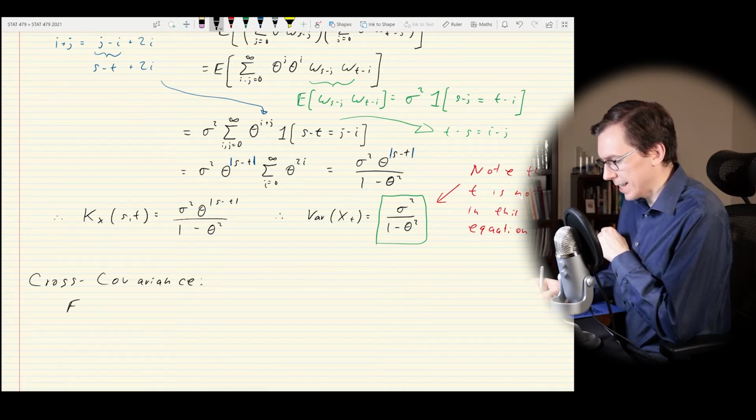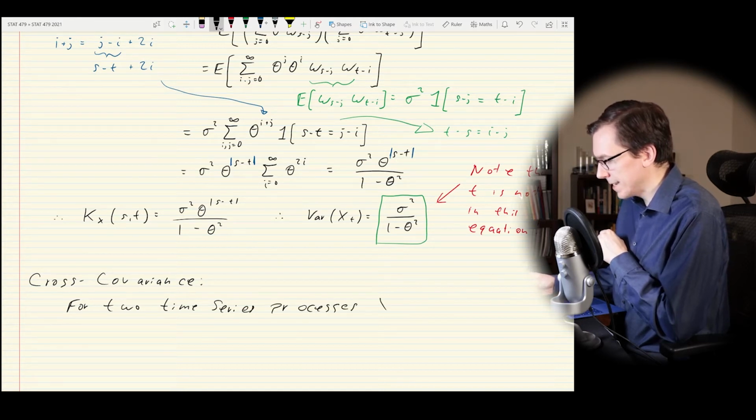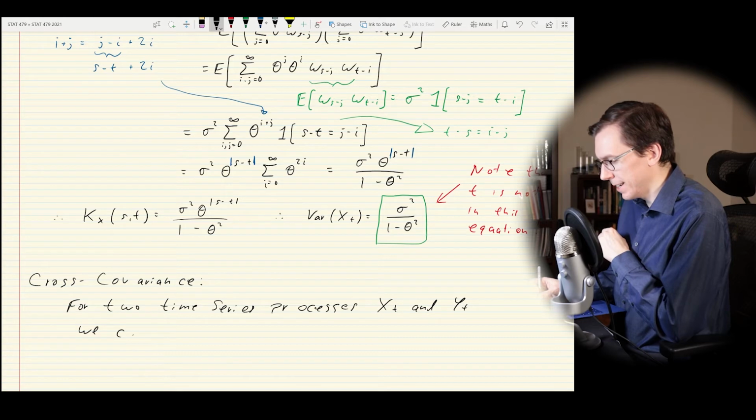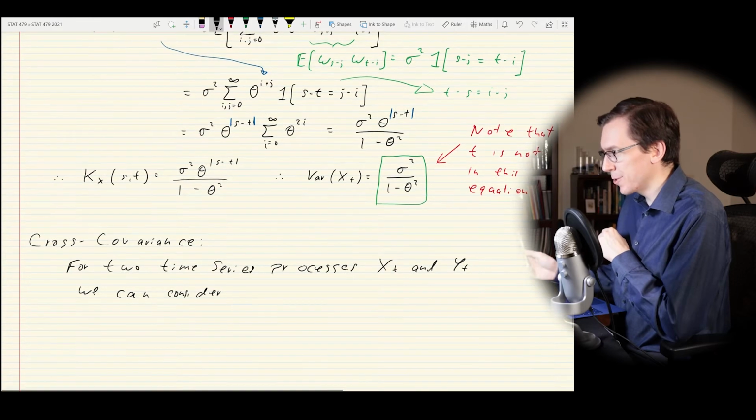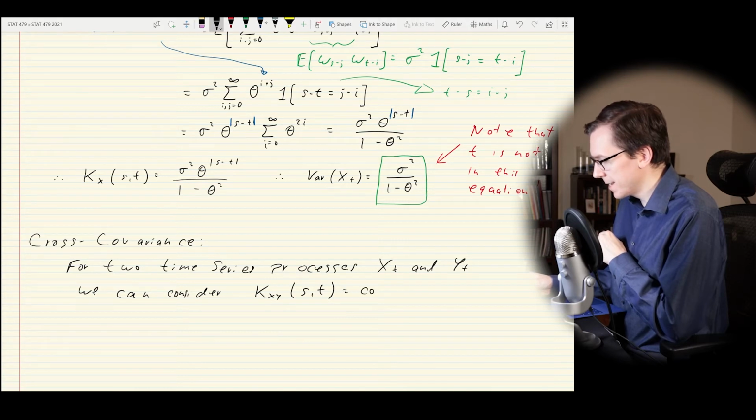And basically the idea is that for two time series processes, let's say xt and yt, we can consider the cross covariance, which is going to look something like k x y, let's say st, which is just going to be the covariance of process x at time s and process y at time t.